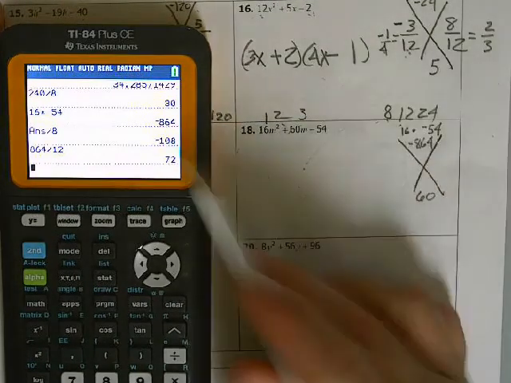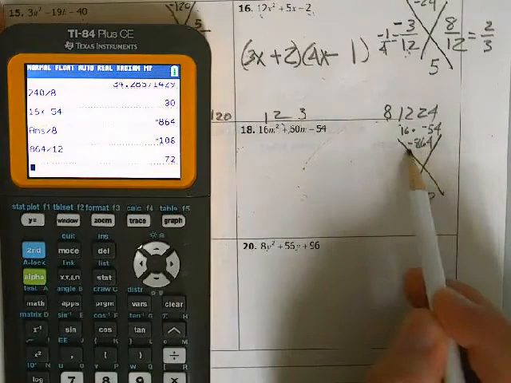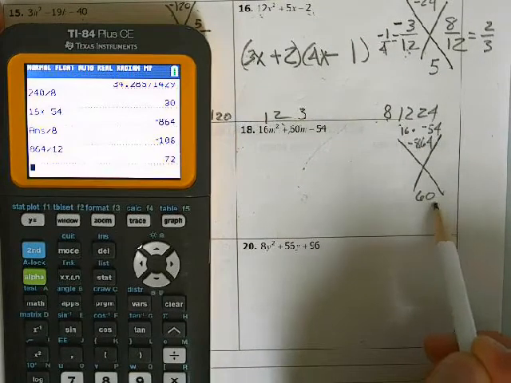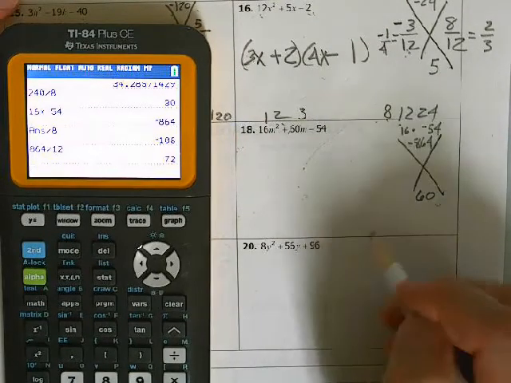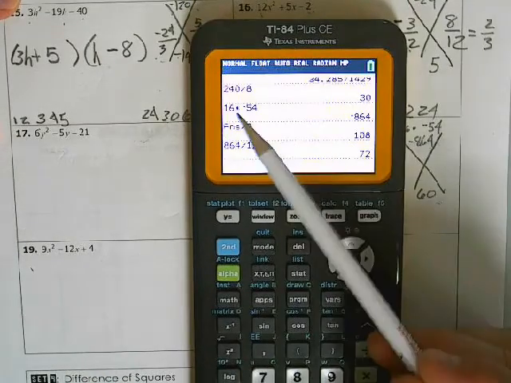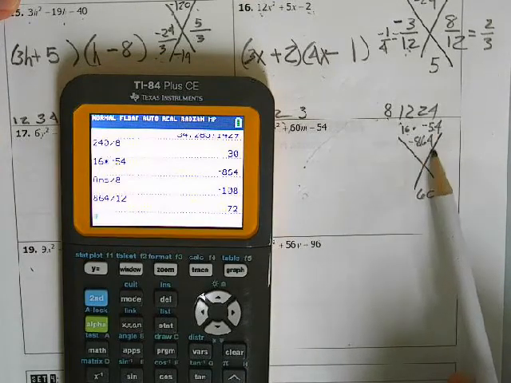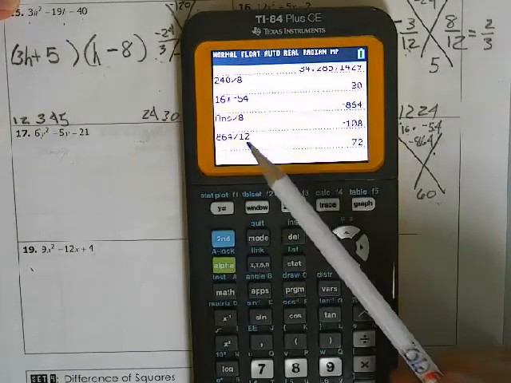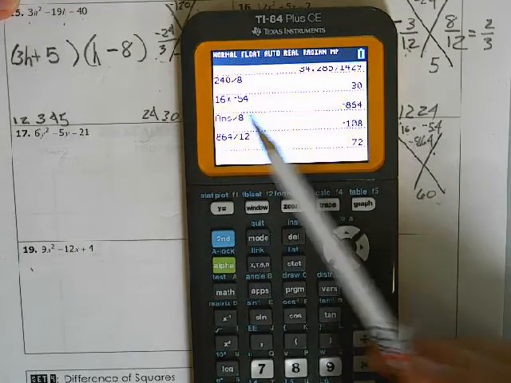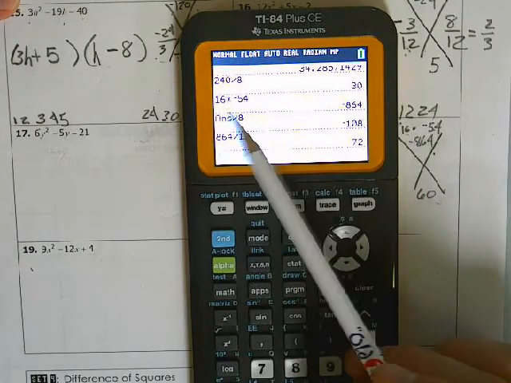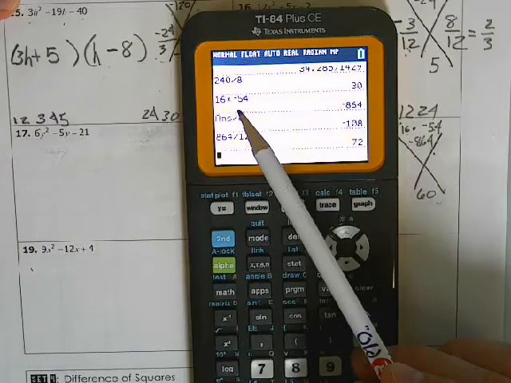Factors of 864, negative 864 that add up to 60. The one that came to me, I tried a few different ones here. First we multiplied the 16 times negative 4 to get the 864. I tried 8 because I noticed 16 and 54 didn't have a difference of 60.